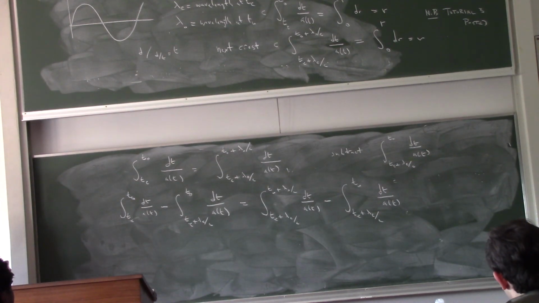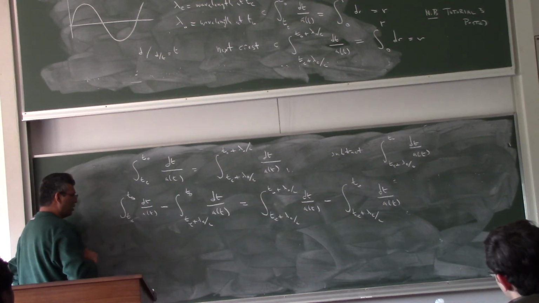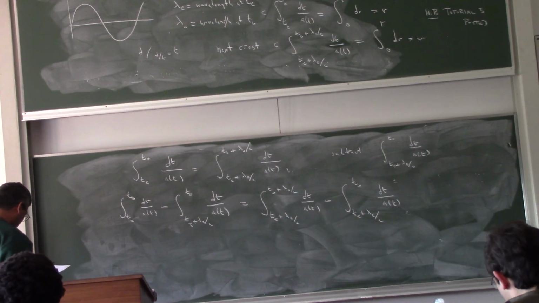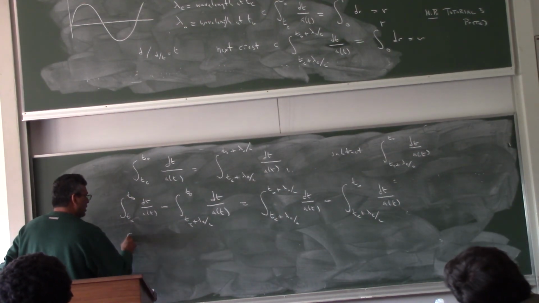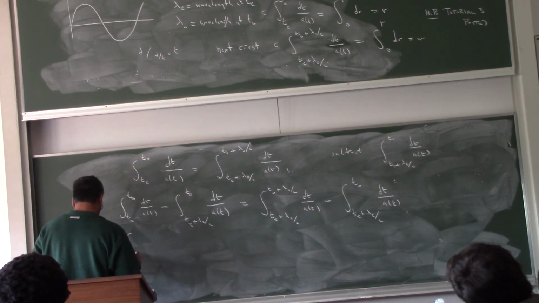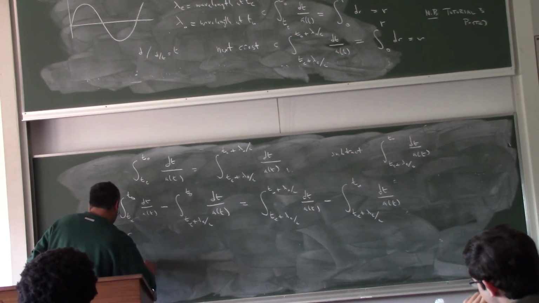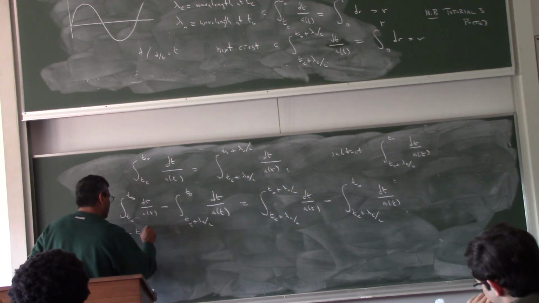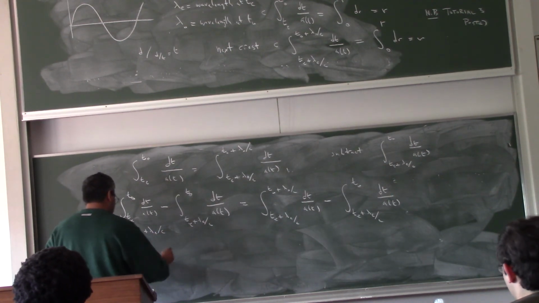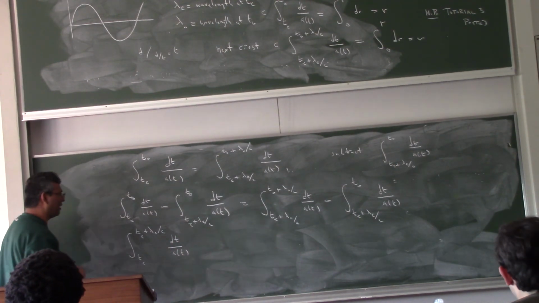Okay? So the expression here then is going to be the integral from t_e to t_e plus lambda e over c of dt over a of t on the left hand side.